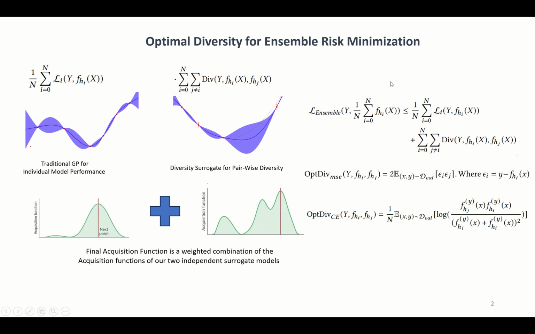How are we different? Our observation was that the optimal solution is usually not a single model, and it is usually an ensemble of the different configurations that have been observed so far. We observed that we can decompose the ensemble loss or ensemble generalization error for most traditional losses into an individual performance metric and a pairwise diversity matrix.